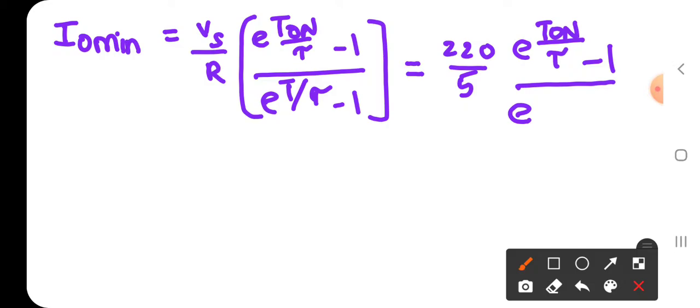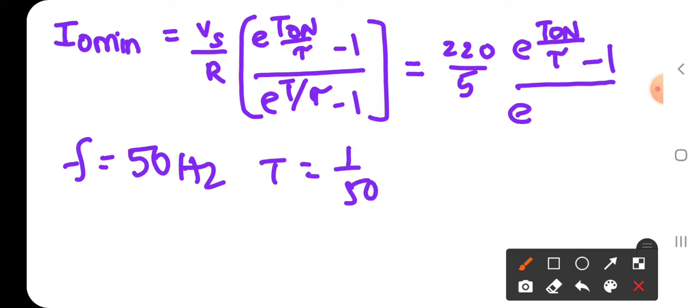What is T? T is the inverse of frequency. The frequency is 50 Hz, so T is equal to 1 by 50, which is 0.02. So finally we get 20 into 10 power minus 3 seconds.